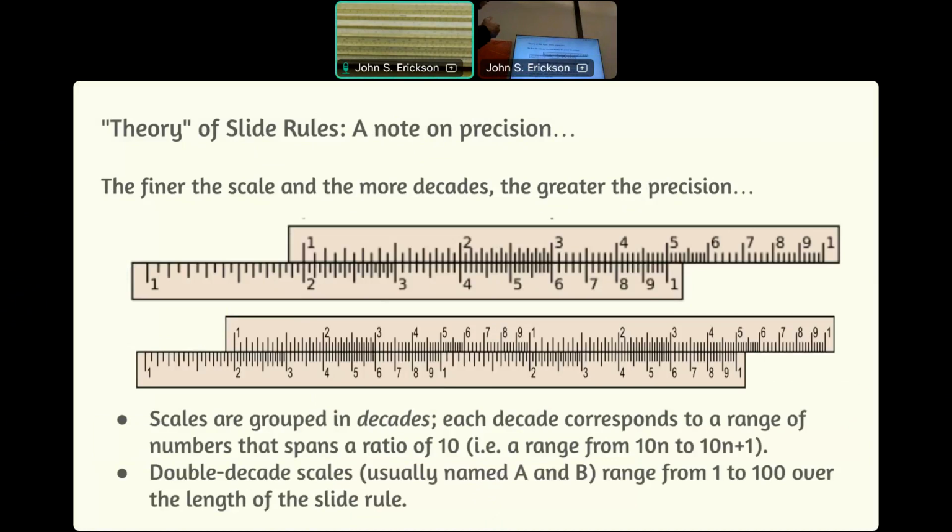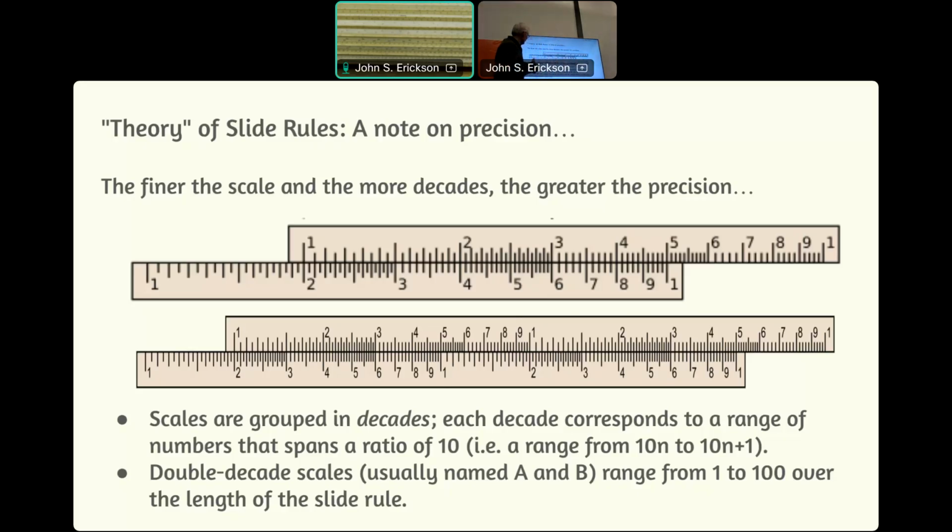So how do we make things more precise? There's a couple different ways. We notice on this one, which is kind of an enlarged version of what I was using on the last page, there's one scale, and inside of this you've got your log, but essentially there's one power of 10 across this entire scale.